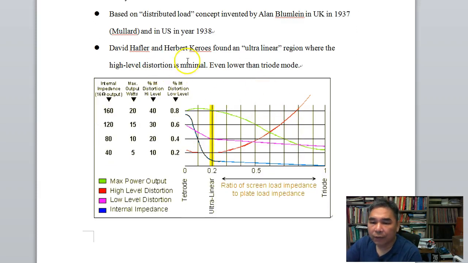In the 50s, David Hafler and Herbert Keroes found the ultralinear region in this topology, and in this region the high-level distortion is minimal, with a lot of merit for this kind of topology.